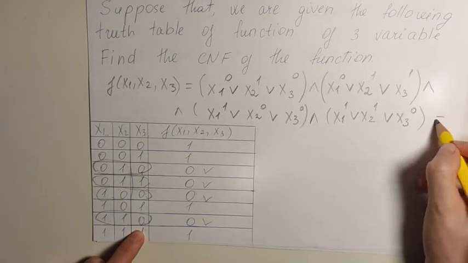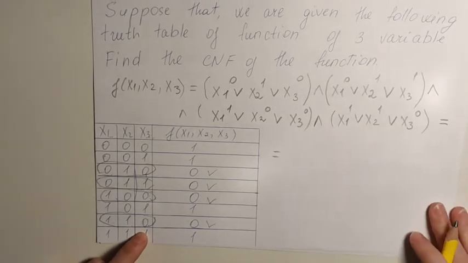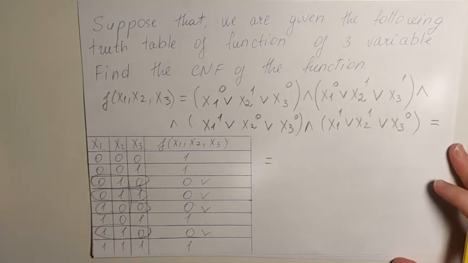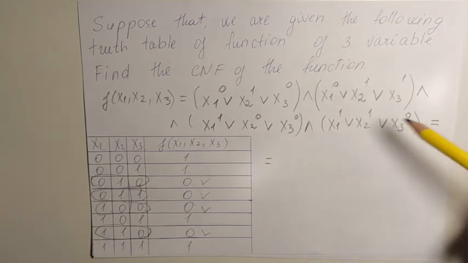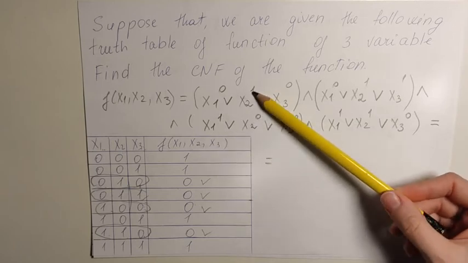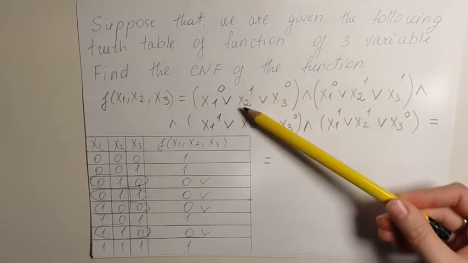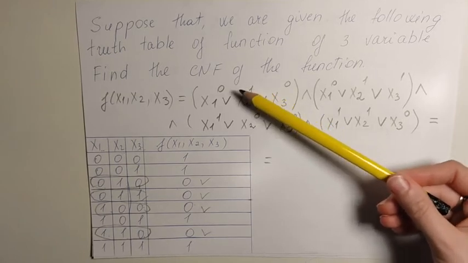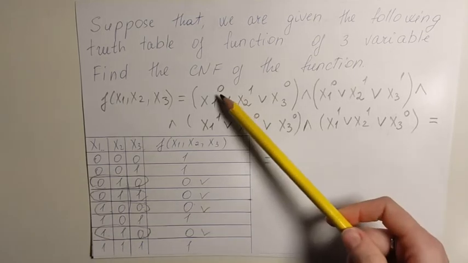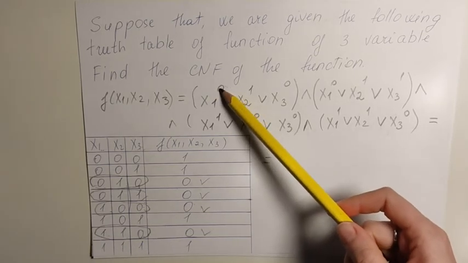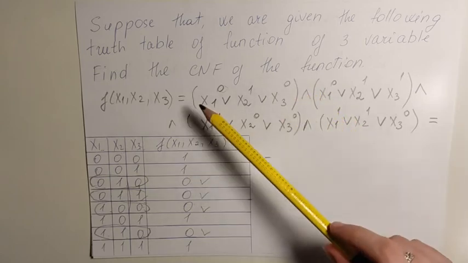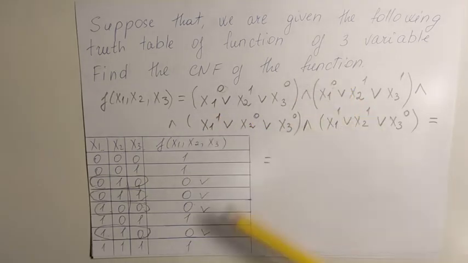So what is our result? As I mentioned before, the variables whose truth value is equal to 1 we should replace by the negation of the variable, but the variables whose truth value is equal to 0 remain the same.